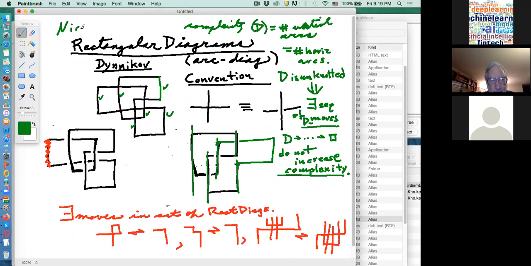Nikolai Rusik and Iskander Timonov and myself have been working on a paper about using the computer to work with the Dynnikov moves.